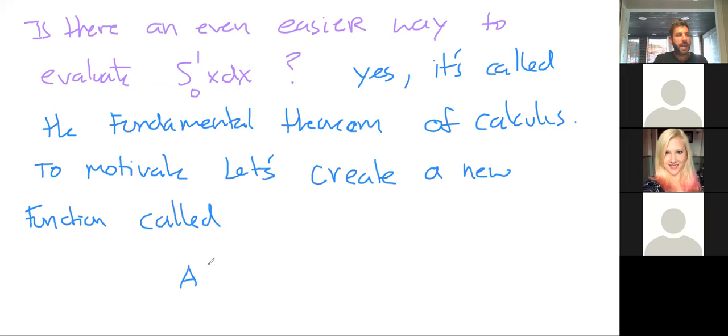I'm going to call it A of t, and watch how I'm going to do this. I am going to leave 0 down here, but upstairs I'm not going to put a number. I'm going to put the letter t here. So whatever number you want to plug into A, it becomes the upper bound of my integral.